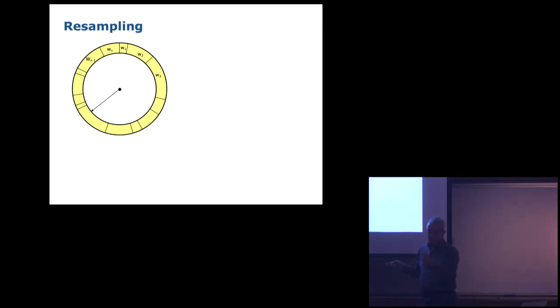So the operations that we need to do are drawing an angle, or if you arrange all these particles in an array, drawing a number between 0 and 1 and figuring out into which bin this number falls. Question is, how expensive is that operation if you want to implement it?